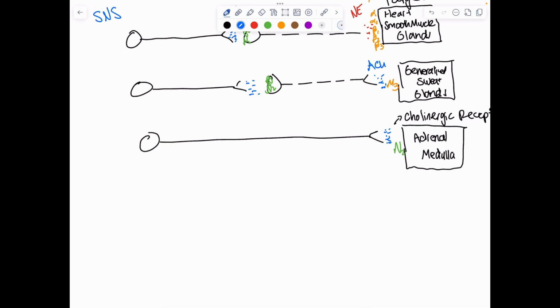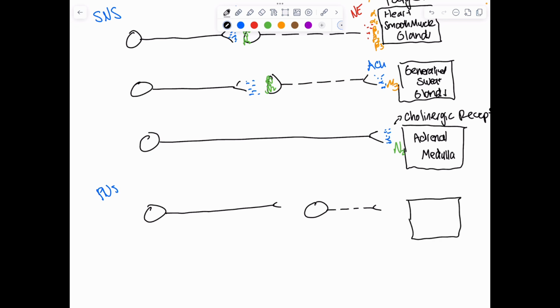And so then now we'll go to the parasympathetic nervous system. This will just have one, and it'll go here. And then this time its target is going to be the same as this first one, with heart, smooth muscle, and then glands.